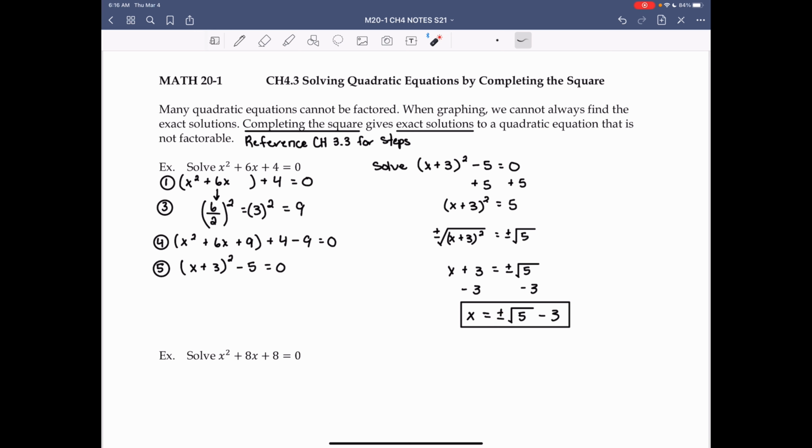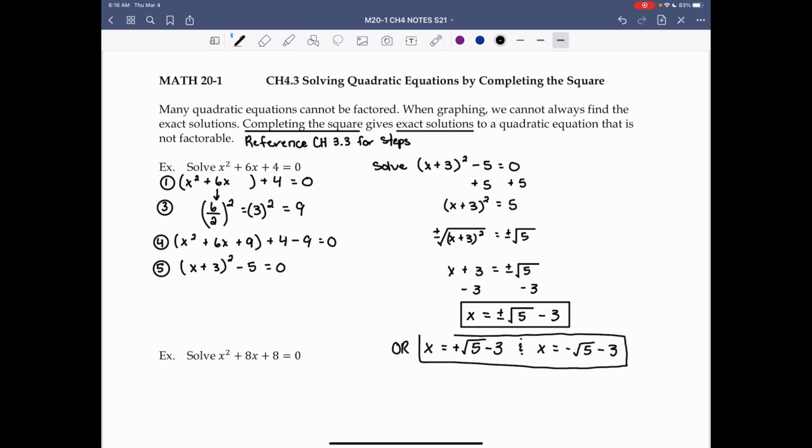We can write it like this, where both solutions are written in one, or you can separate it into two and write it as x equals positive square root 5 minus 3 and x equals negative square root 5 minus 3. So again, these are the solutions written as exact values.